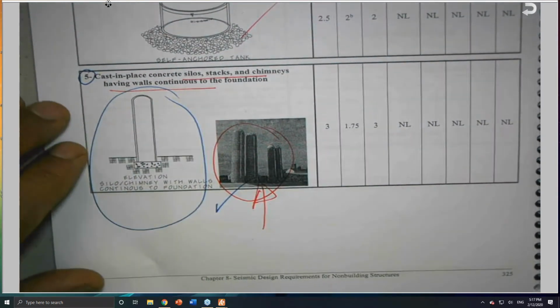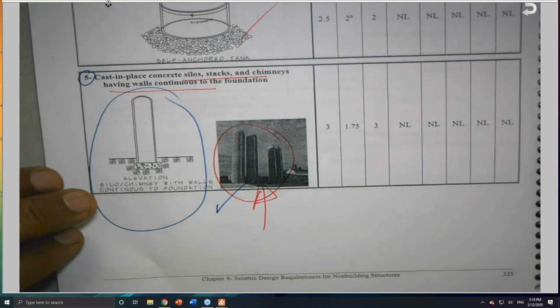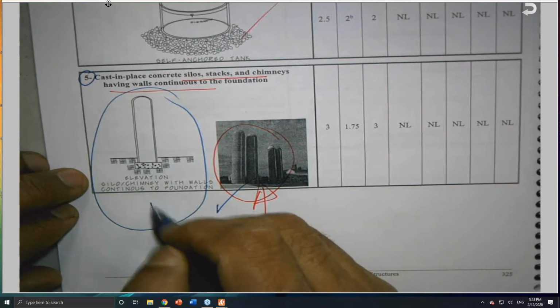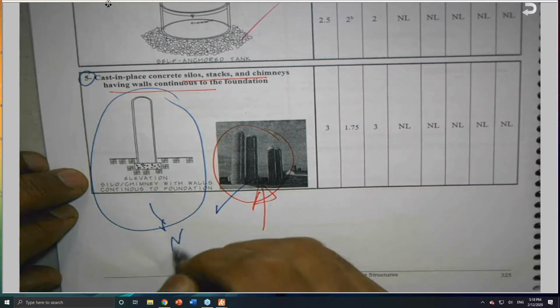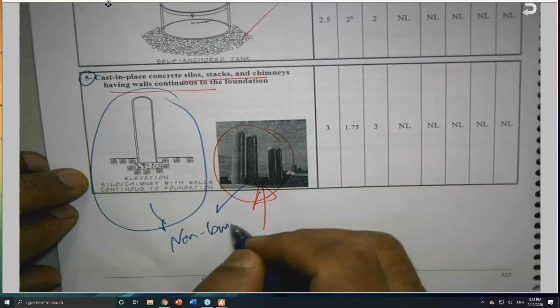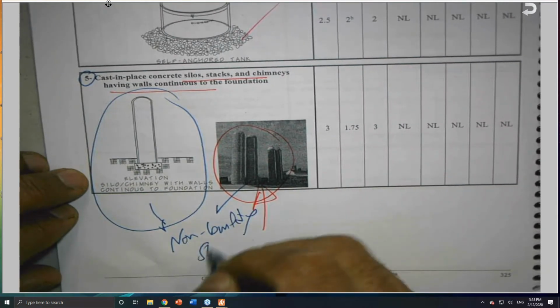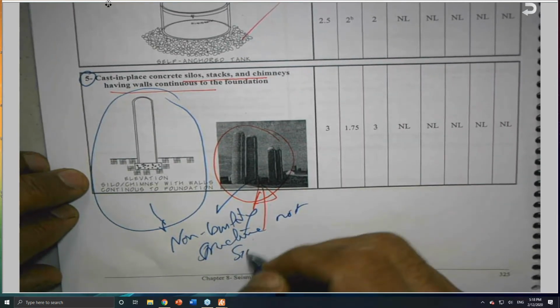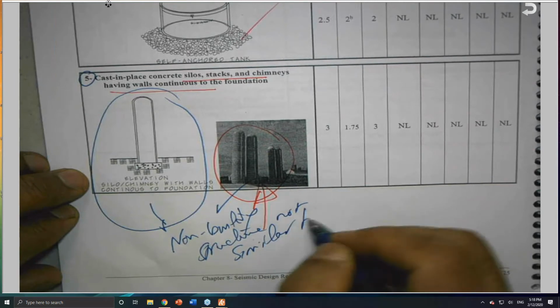A silo, this big concrete. This is a non-building structure, not similar to buildings.